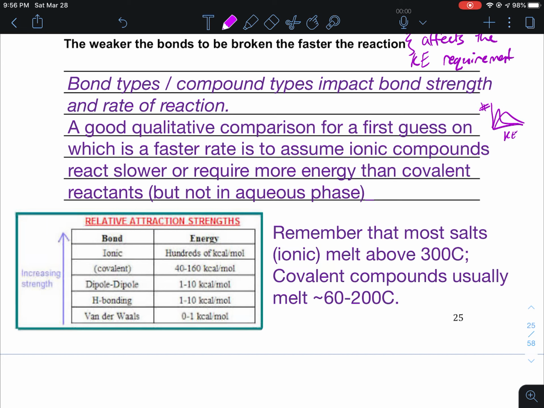So it's a pretty complicated concept, but in general, if you have some chemical that's fairly straightforward, like sodium chloride, and it's ionic, and you're expecting sodium chloride to react at room temperature from the solid state with something else, you're probably going to have to put in a lot of energy before that sodium chloride is at a reacting level.